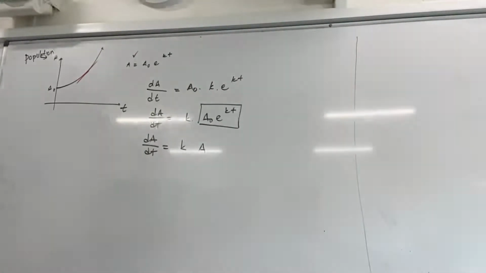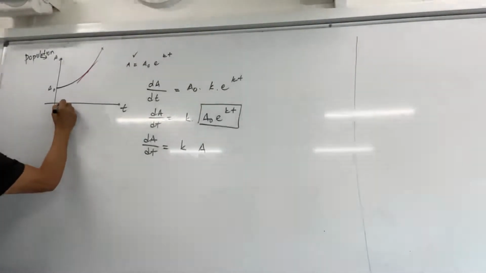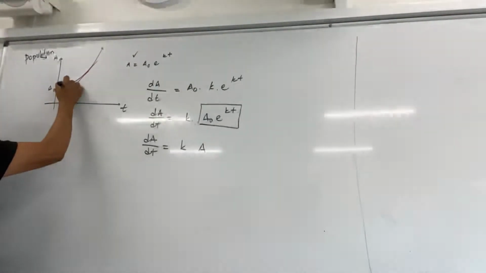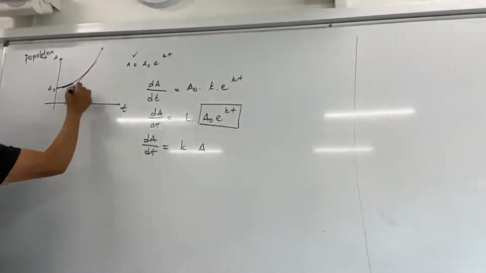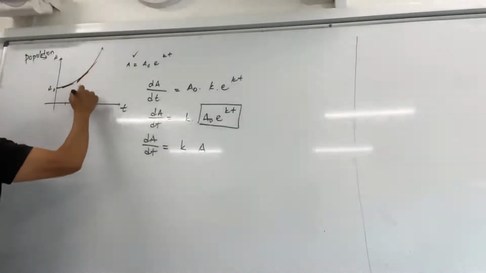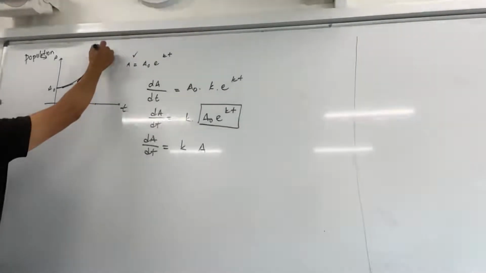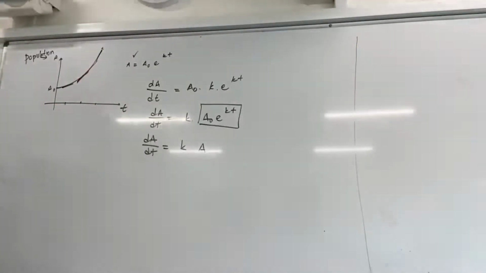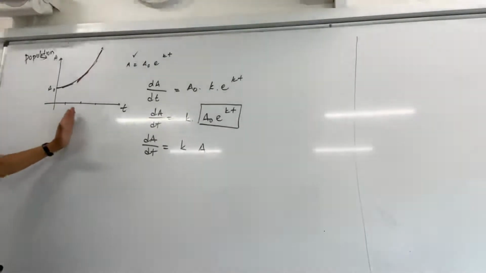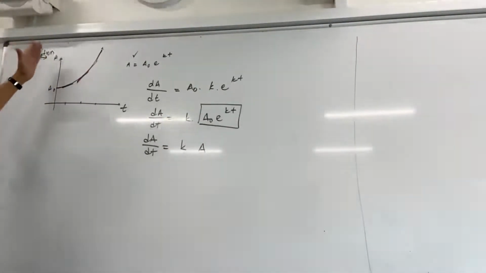Right, so the rate of change here and the rate of change here and the rate of change here, you can see is constantly changing. It's getting faster. The rate of increase is getting faster as time goes by and as the population is increasing.